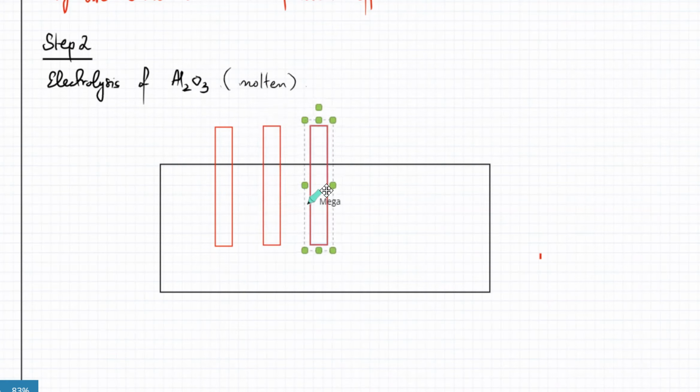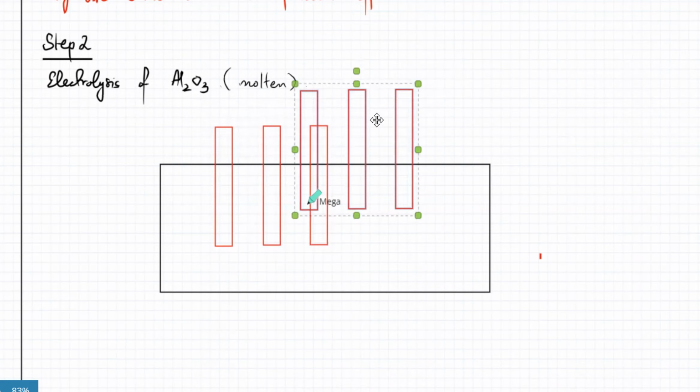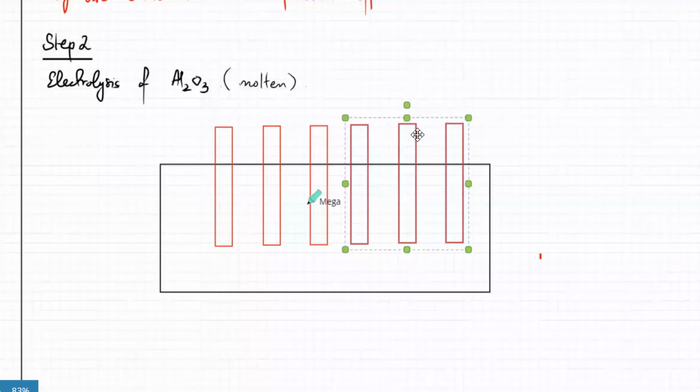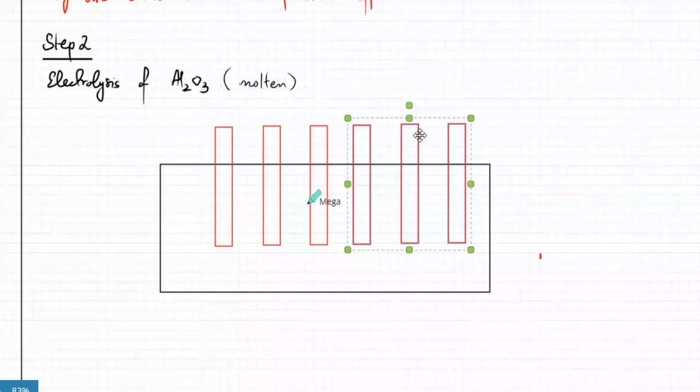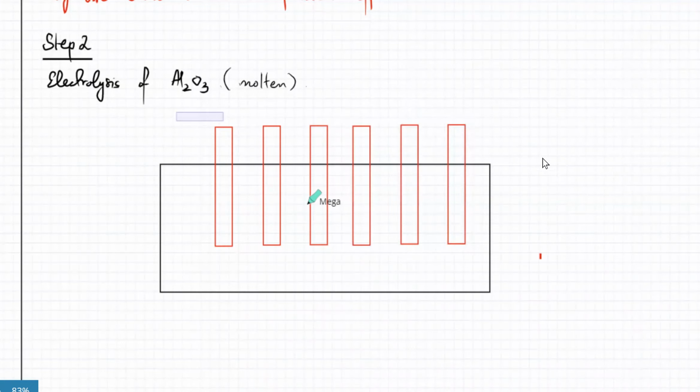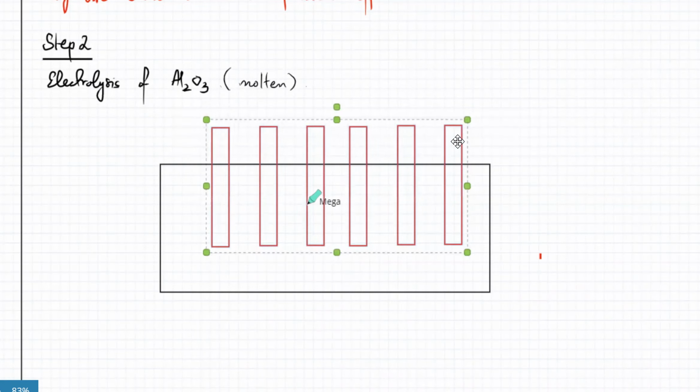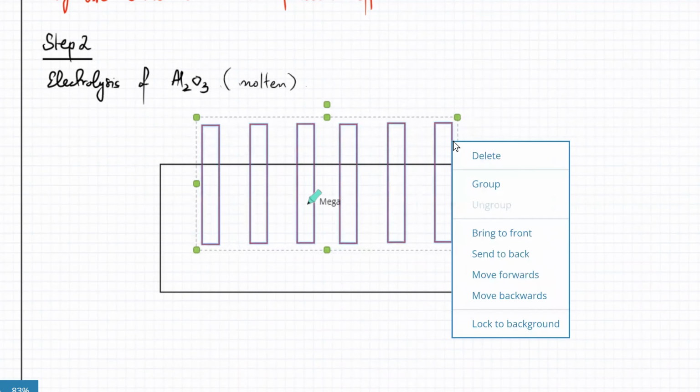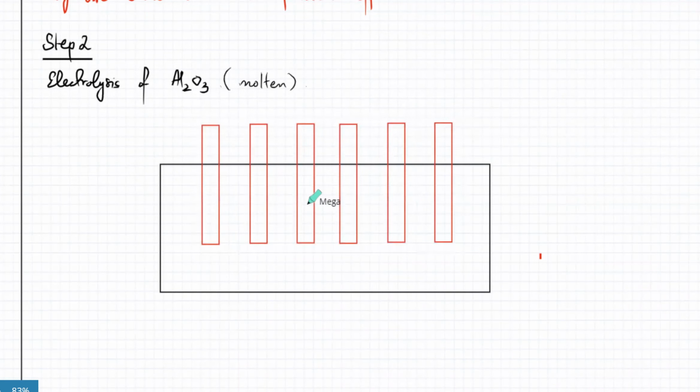So here's another one. And here are some more. So the electrodes are comb-like structures, and those are your electrodes that are dipped, and these electrodes are connected to a battery.